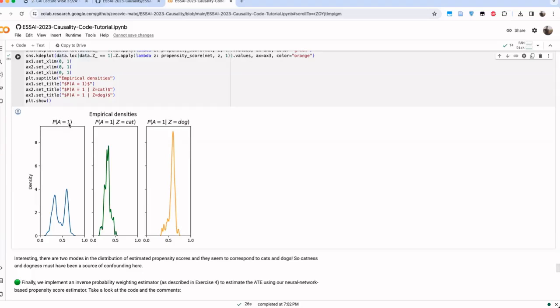So A being 1. So the probability of seeing any individual dog, cat, whatever animal to have received the treatment, right? And so any vertical here would be, for example, the one where we have the peak here. This would be the amount of densities. That's what you see now on the y-axis, the frequency essentially.